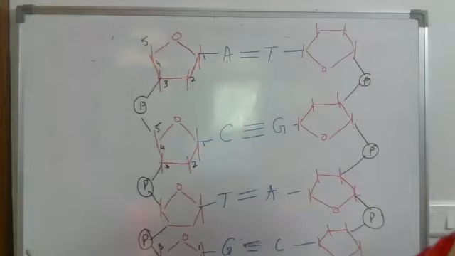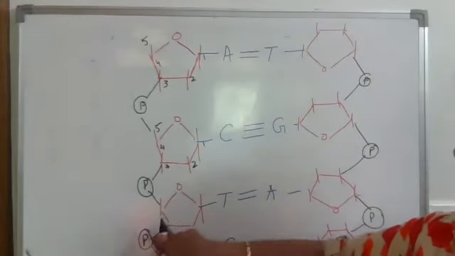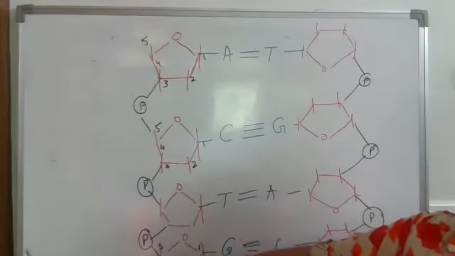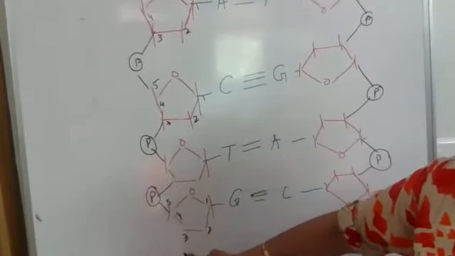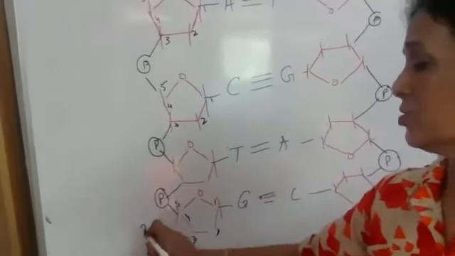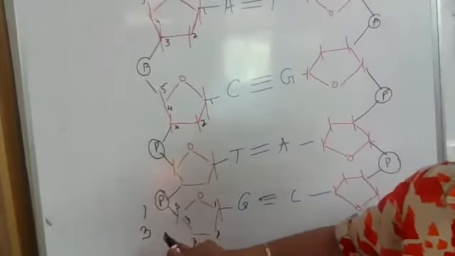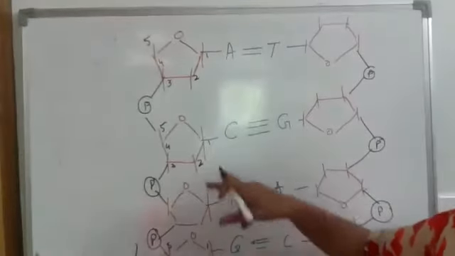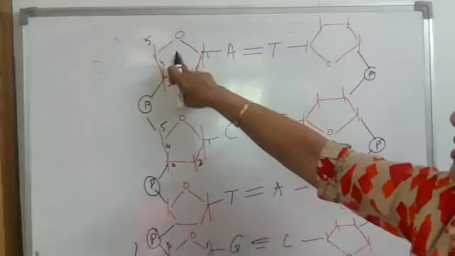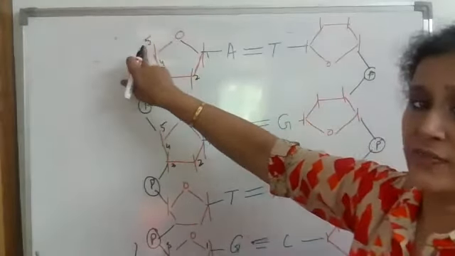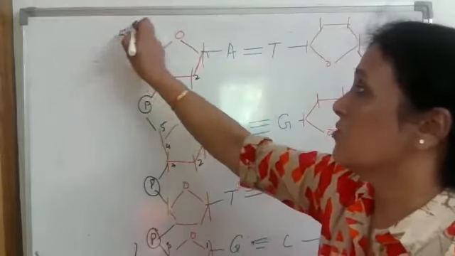Now look at here. In this angle, at the lowermost one, carbon number 3 is free. So this is called 3' end. On the other hand, at this end, you can see carbon number 5 is free. So this is called 5' end.